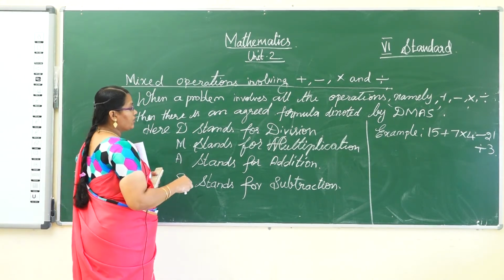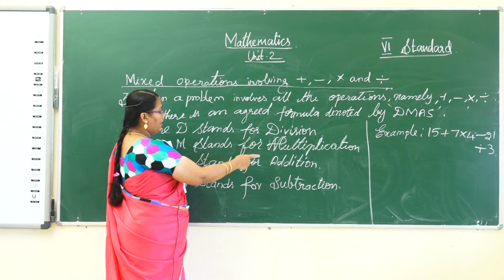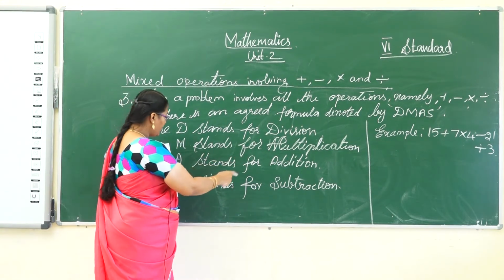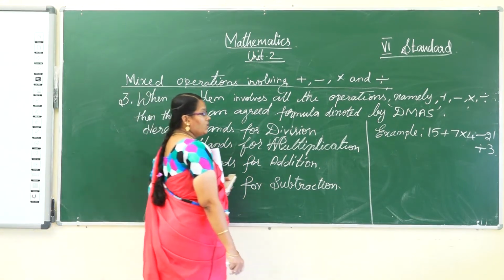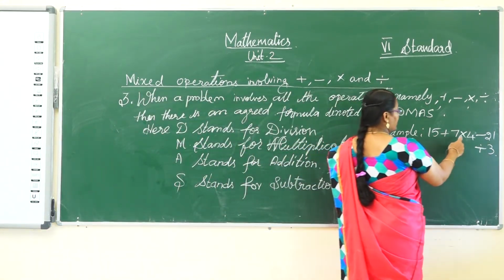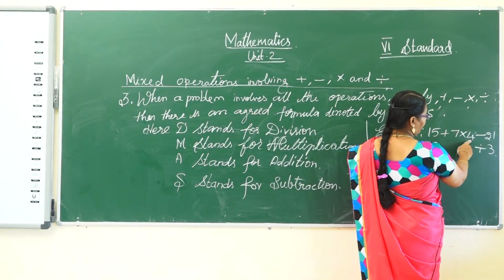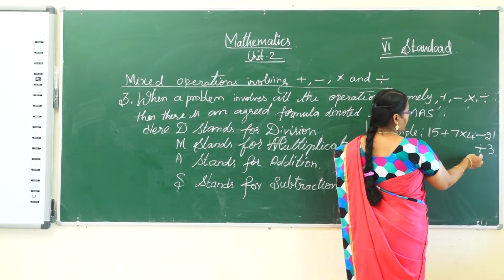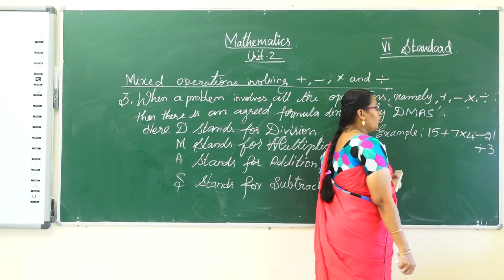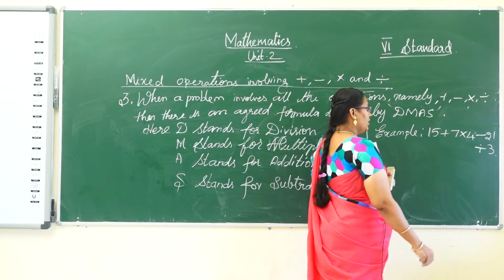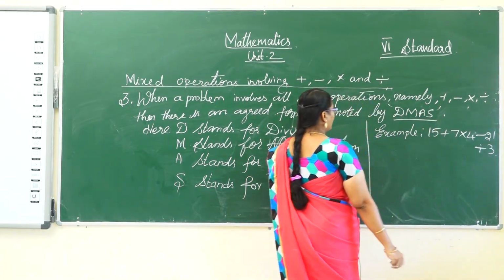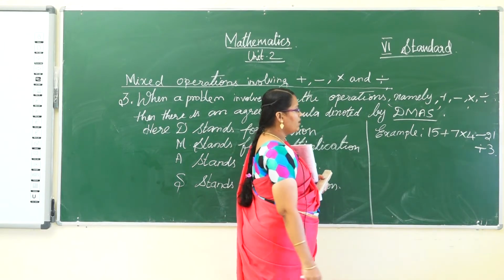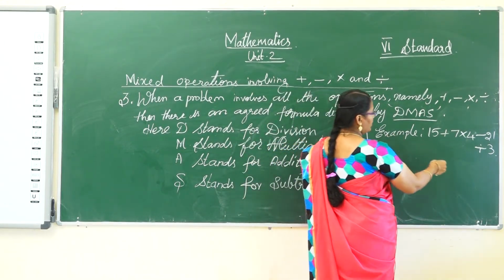Here D stands for division, M stands for multiplication, A stands for addition and S stands for subtraction. See one example: 15 plus 7 multiplied by 4 minus 21 divided by 3. Here 4 operations are given, so use the DMAS formula. First preference to division.